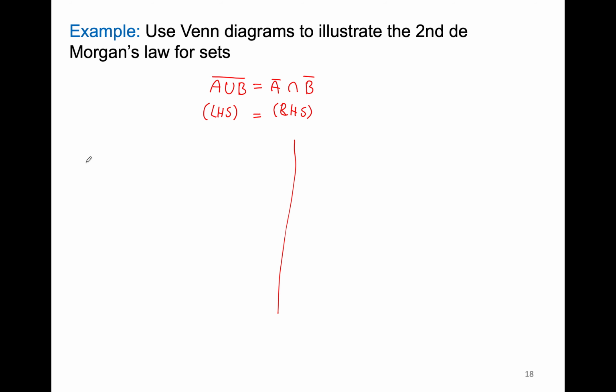Let's start with (A union B) complement. In order to draw this, we should start with A union B. Here we have A and B. A union B means all the elements of A and B also.